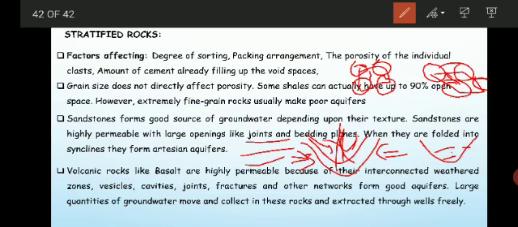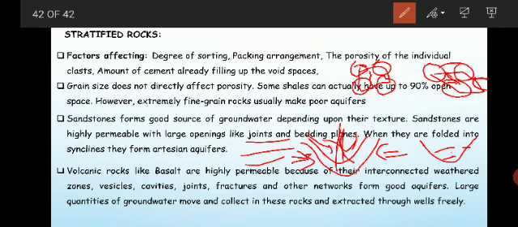When the lava comes onto the surface, the gases present in the lava escape and leave behind pores, which we call vesicles. So vesicles or cavities, and even columnar joints, you might be remembering. Columnar joints are commonly seen in basaltic rocks. These are again different types of joints.